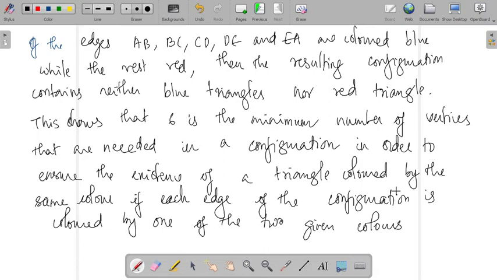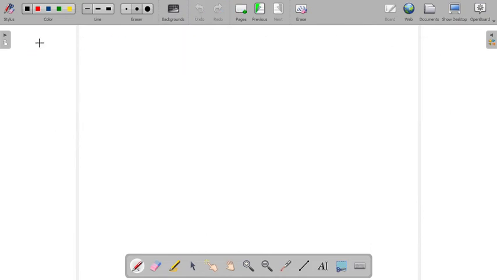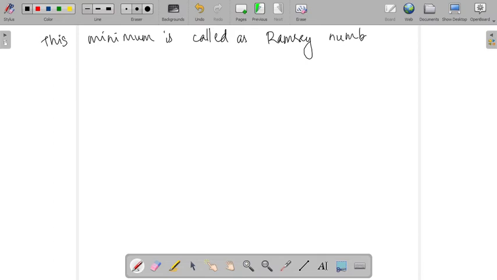So this minimum number is called the Ramsey number. So let us now properly define what is a Ramsey number.